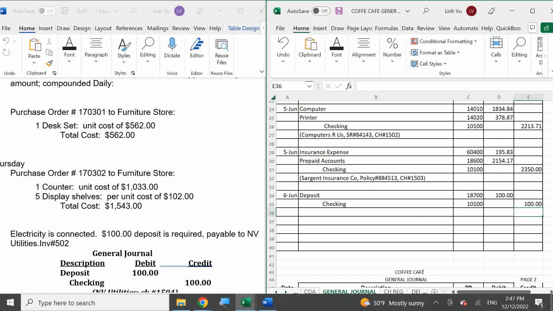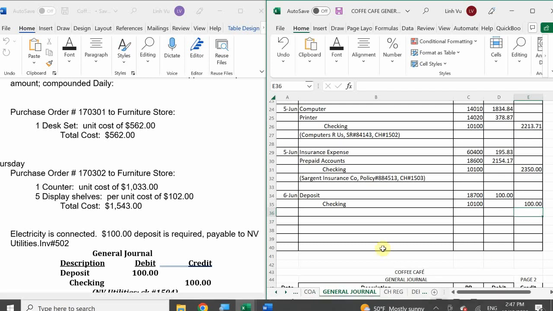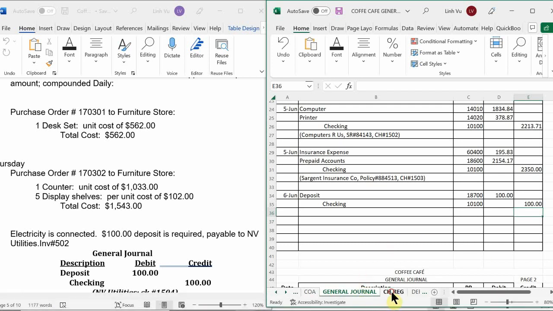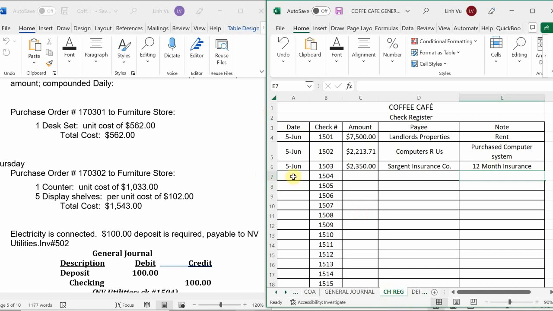Okay? So, what needs to happen before we finish our description? We're going to cut the check. Okay? So in this case, what check number are we going to be using? 1504. 1504 for $100. To whom? NV Utilities.